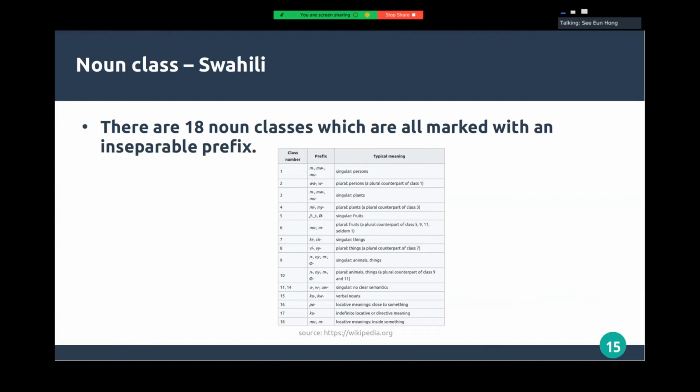So you can't say a noun without the prefix. And here's a table of the said 18 noun classes from Wikipedia. And this tells us that, for example, the class 3 nouns are plants in singular. The class 5 nouns are fruits in singular, or the class 8 nouns are things in plural.